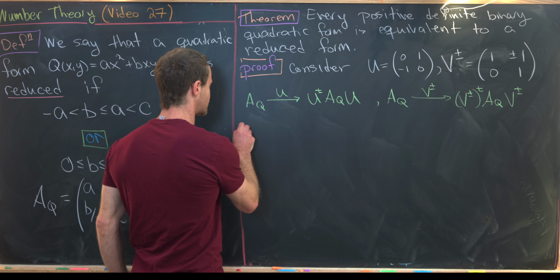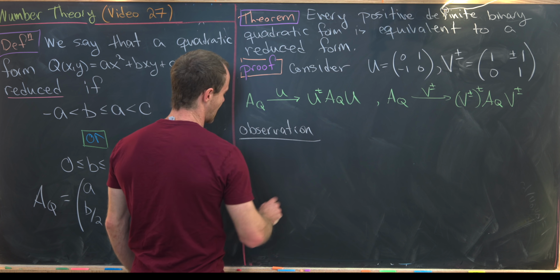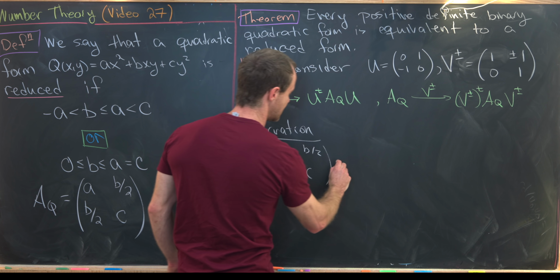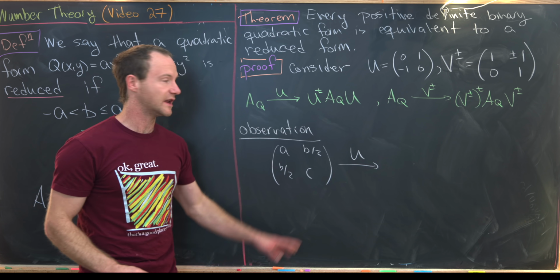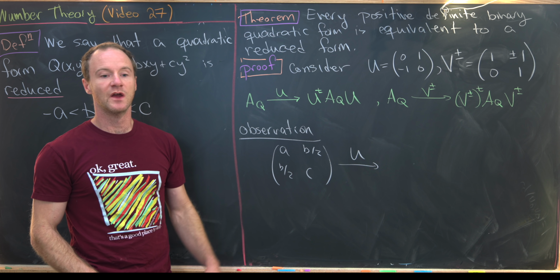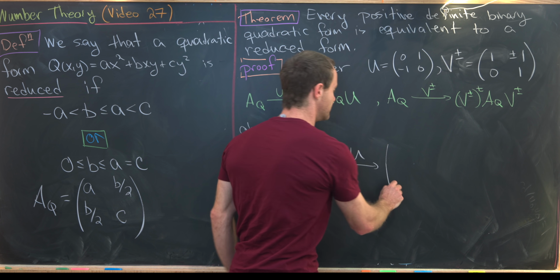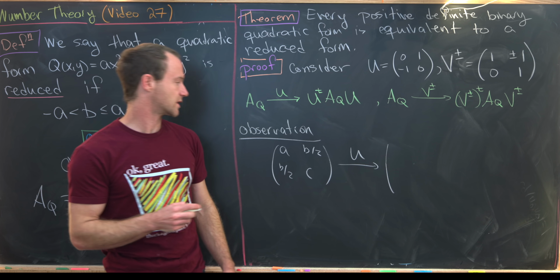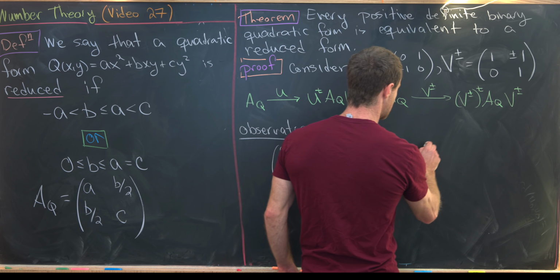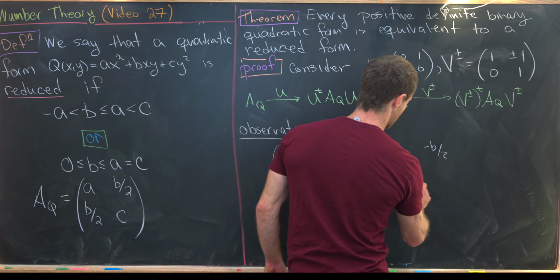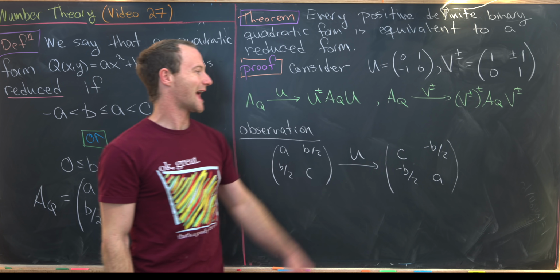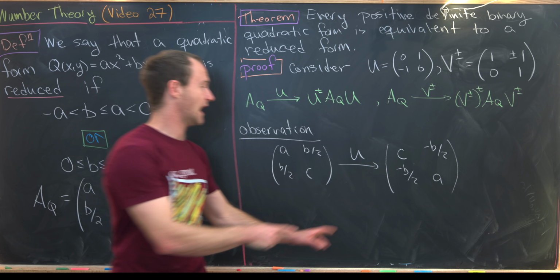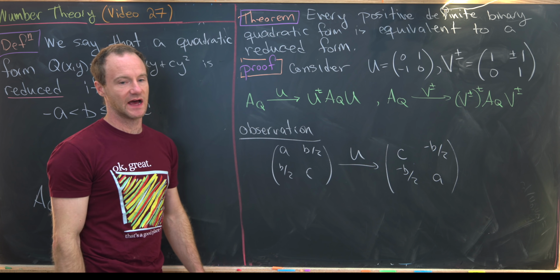So let's start with the following observation. If we take A, B over 2, B over 2, C, and we apply U, in other words, we conjugate by U, we'll get the following new matrix. I'm not going to do the linear algebra here; that should be fairly straightforward. So we'll get C, minus B over 2, minus B over 2, A. So this thing has the effect of swapping A and C and then negating the things on the off diagonal.